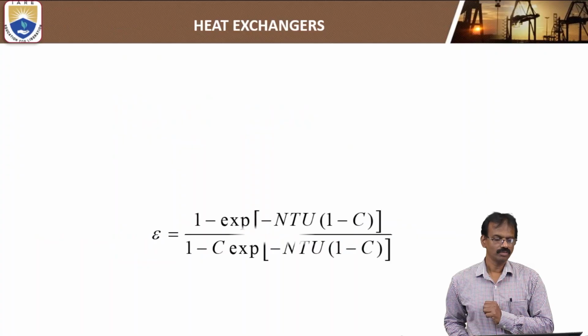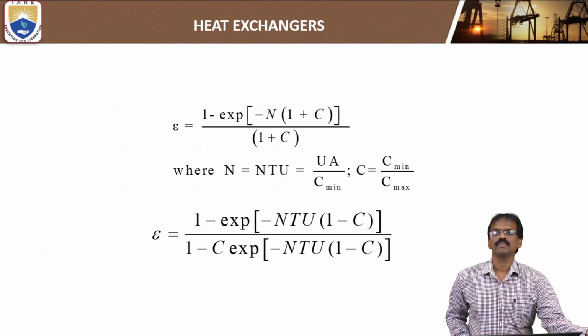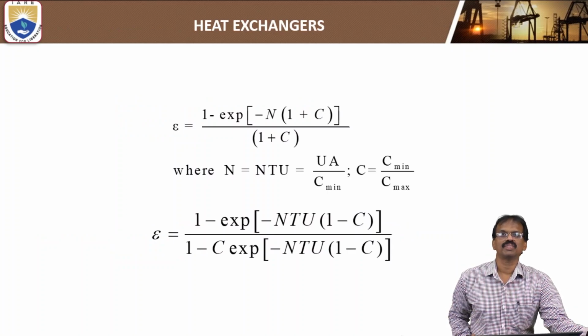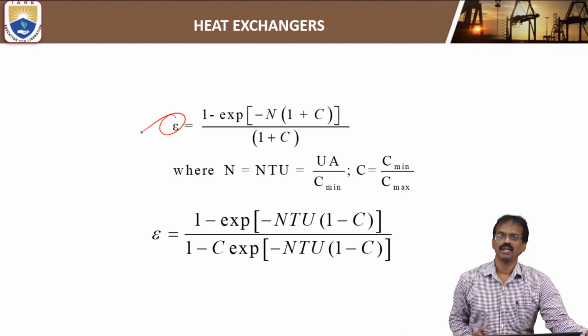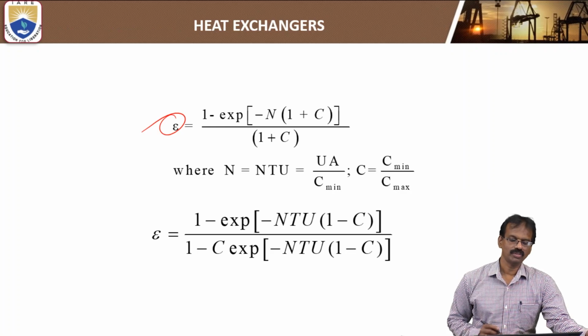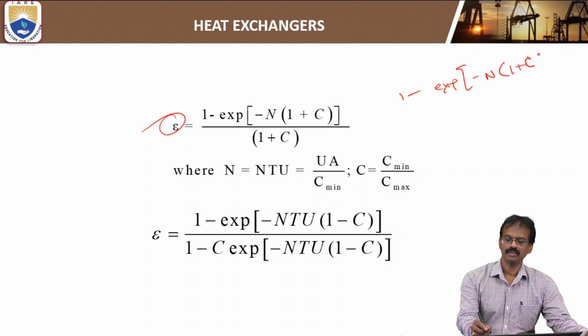Okay. So these are the formulas, which you know were derived in previous classes also. Effectiveness formula for a parallel flow heat exchanger: effectiveness is equal to 1 minus exponential of minus n into (1 plus C), divided by (1 plus C).